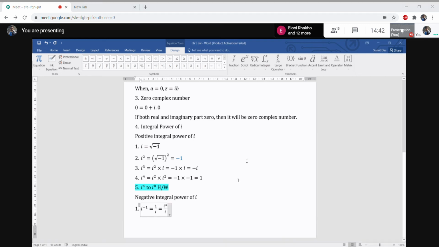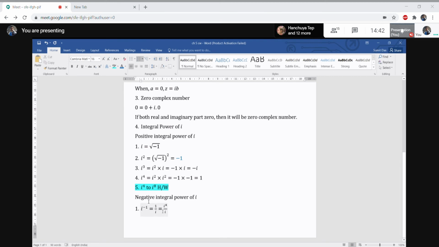What I'm saying: 1 equals, we found i to the power 4, right? So instead of 1, I'm replacing 1 with i to the power 4. After that, we can write, look, i to the power 4 divided by i will be i to the power 3. So from the negative power, we can convert this into a positive power.